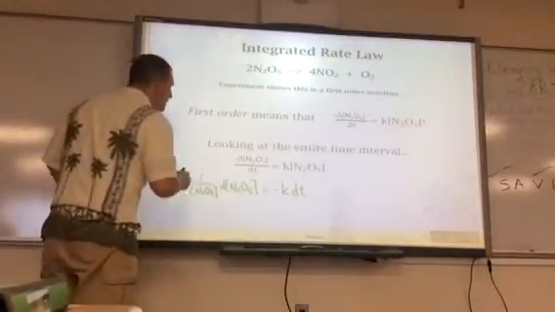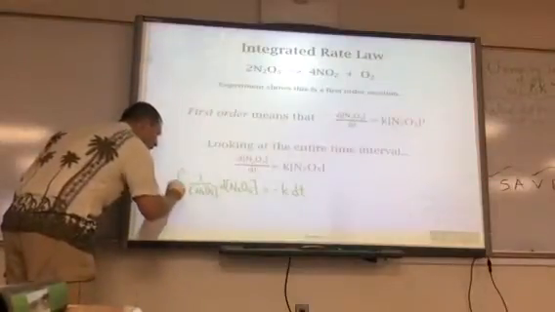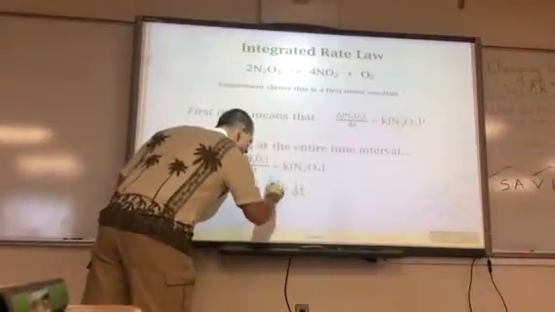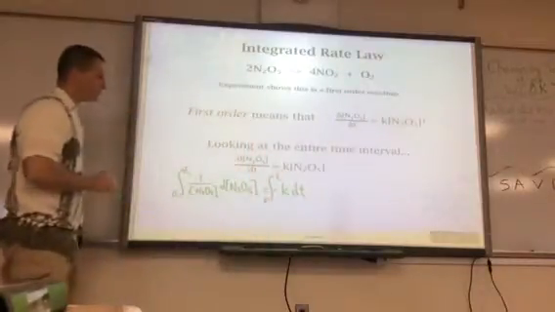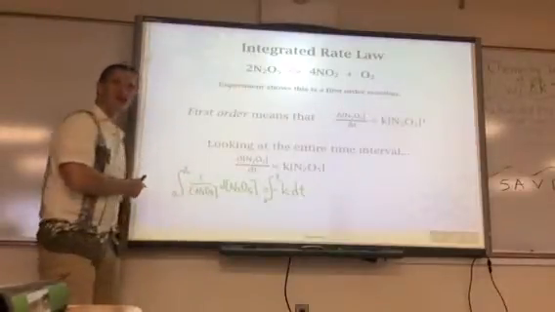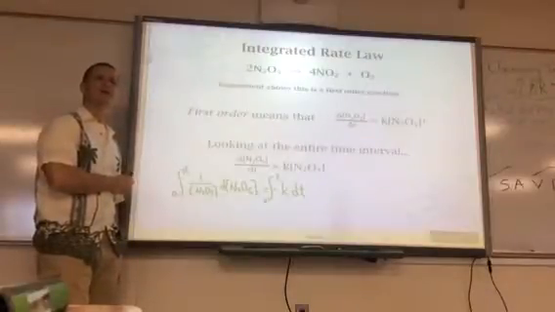Okay. So if we take this expression and integrate over a time interval, from 0 to t, do that on both sides. What is the integral of 1 over the concentration of N2O5? Have you not learned that one?